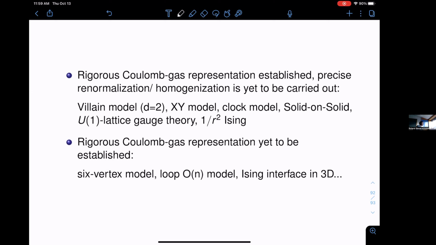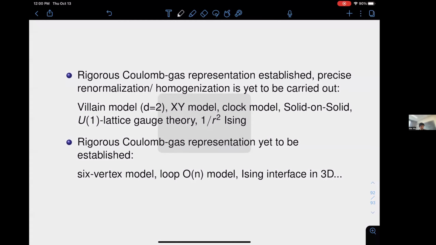This 8 pi appears in the continuum limit, but if you're on a finite lattice, it's not 8 pi. Basically, there's this beta effective, and the critical temperature is where beta effective is roughly 8 pi, but beta effective is not equal to beta.